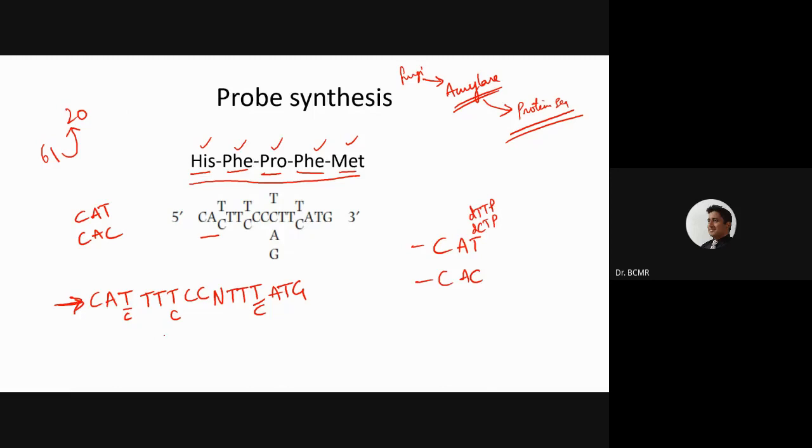When we use a probe like this, it may give more bands because it's a mixture. But then we slowly characterize and identify each of these, and probably find out which one is producing amylase. These are some of the things that people in the earlier days used.